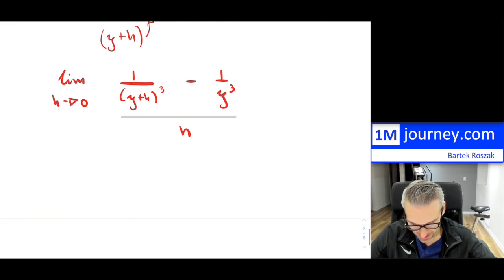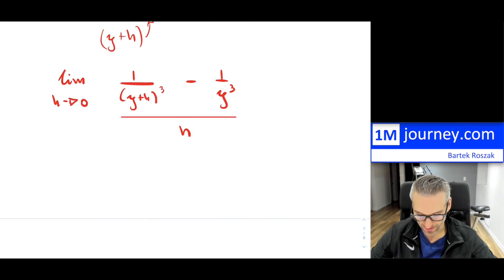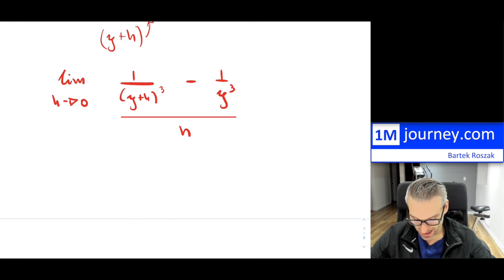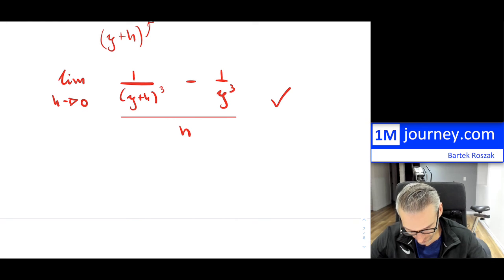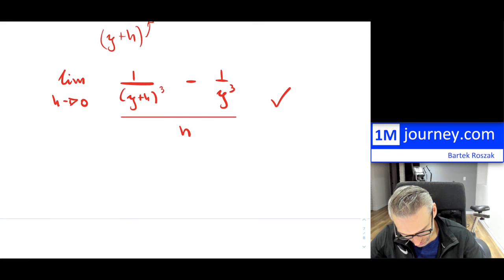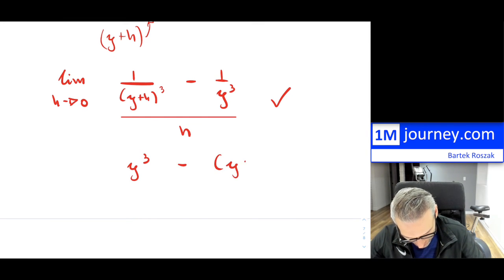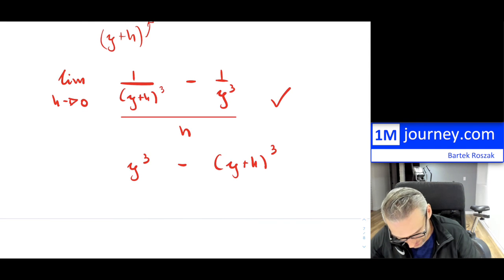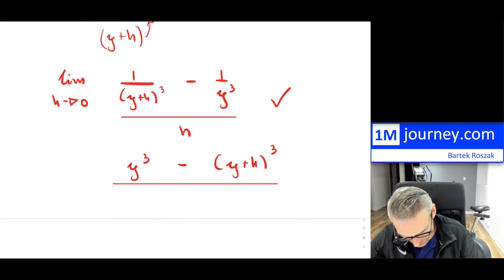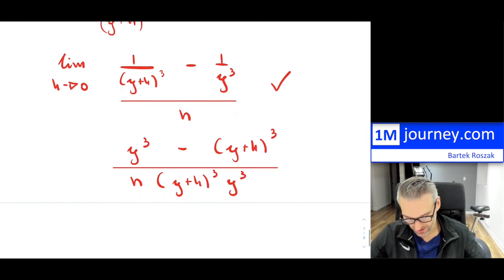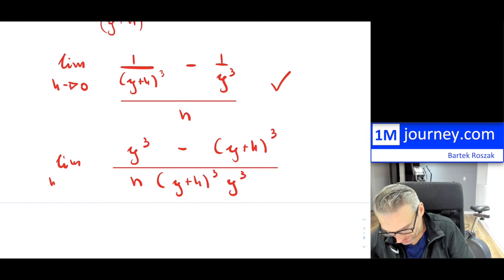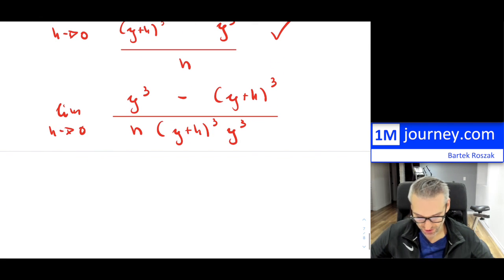And now we have to massage this out to figure out what answer we would get. Within here, as we are approaching this, let's find the common denominator. So that's y plus h cubed all over h y cubed, y plus h cubed. So as the limit h is approaching 0, this is what we'll have.